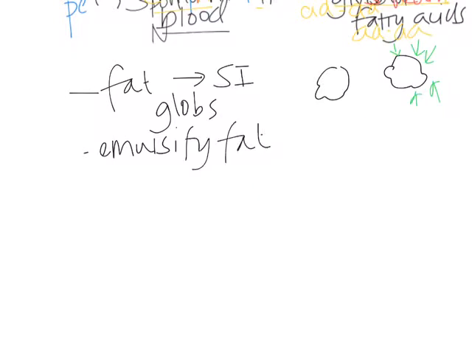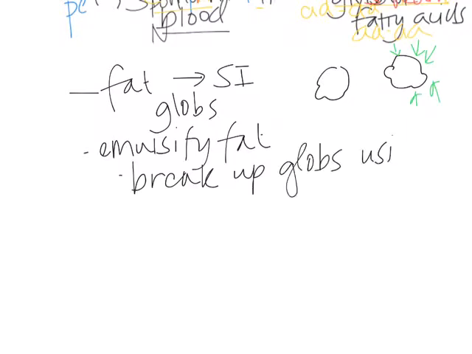The way that we do that is we break up the globs using motility, the mixing or movement in the small intestines, and bile salts.